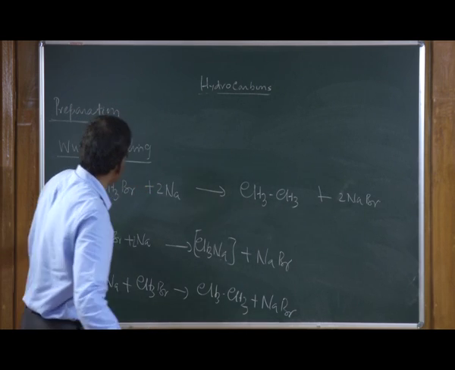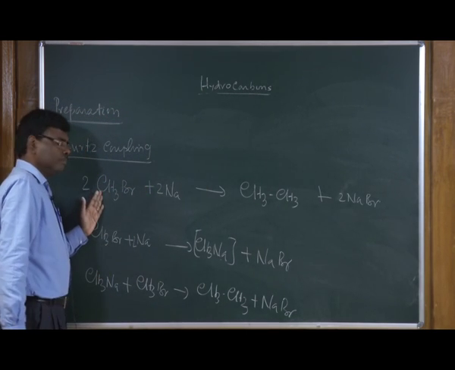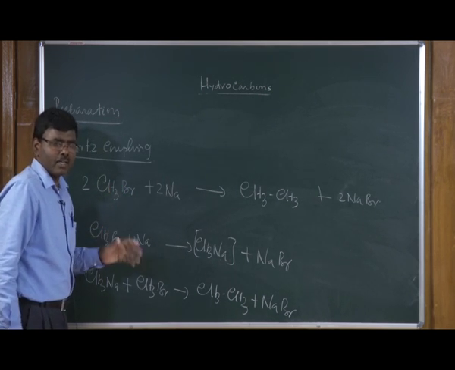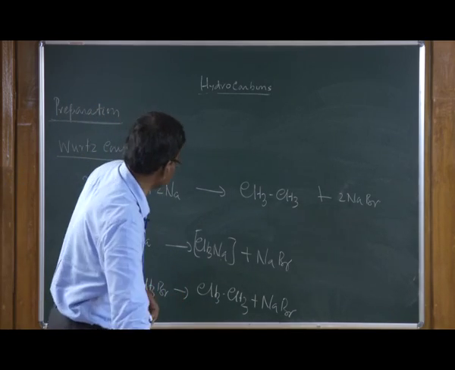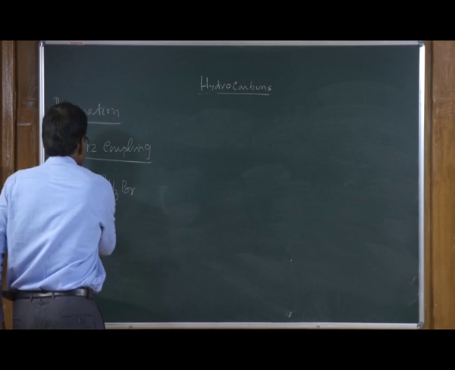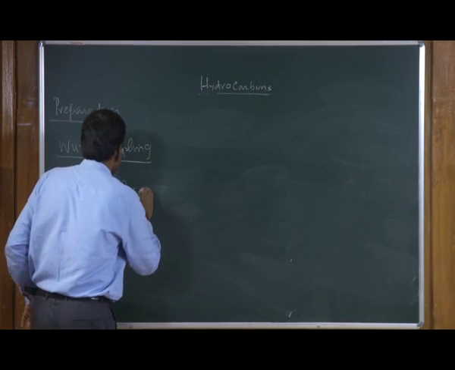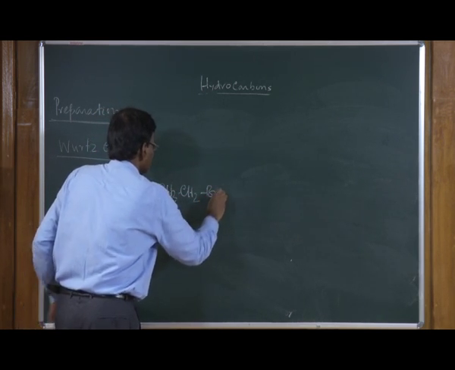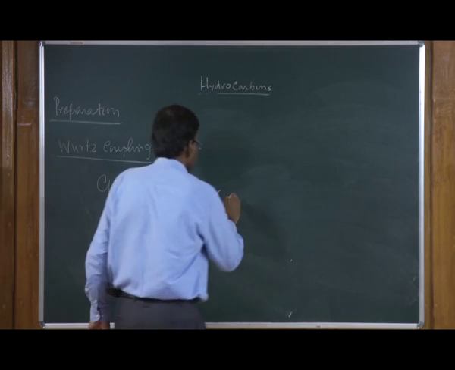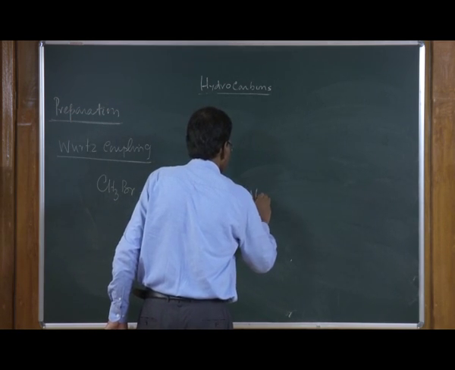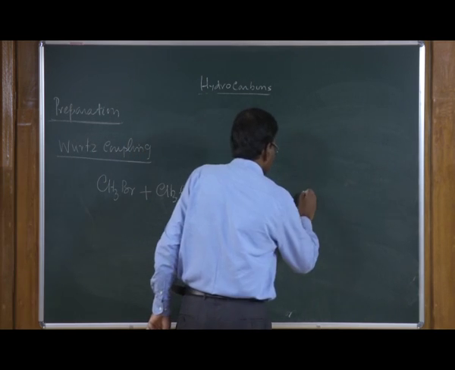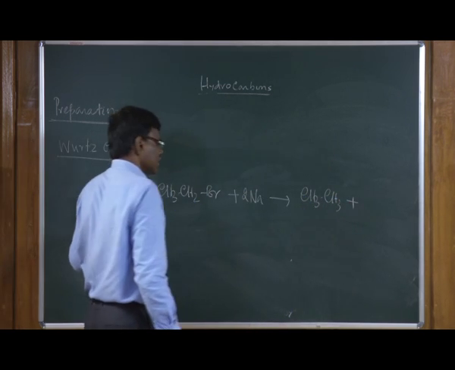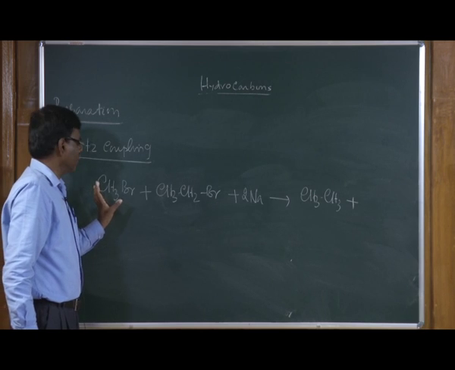But if you take a mixture of alkyl halides, for example methyl bromide and ethyl bromide, it will not be good. You will end up with a mixture of 3 compounds. When you react these two bromides with 2 equivalents of sodium, you will have ethane, which can be formed from the reaction of the methyl bromide.